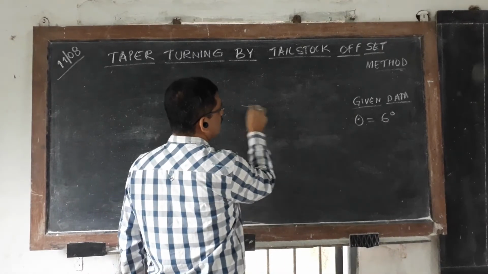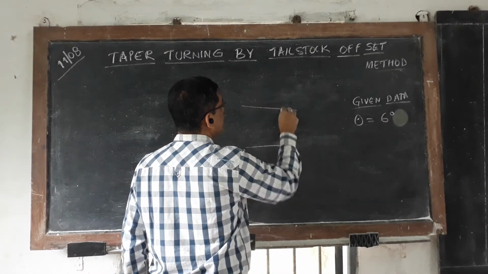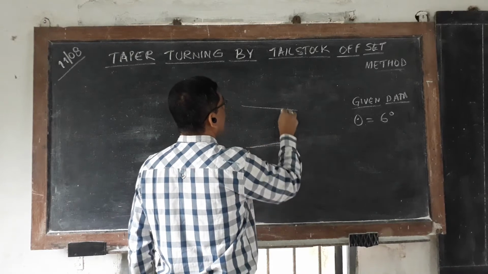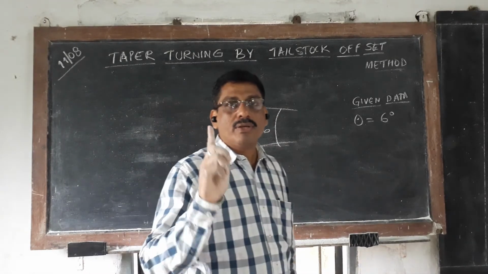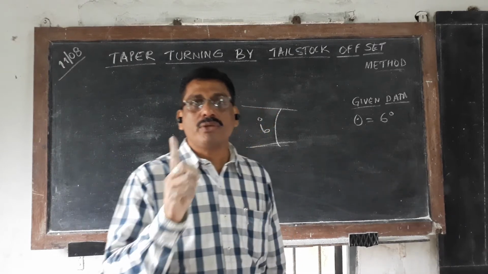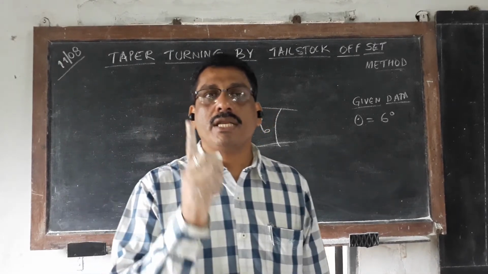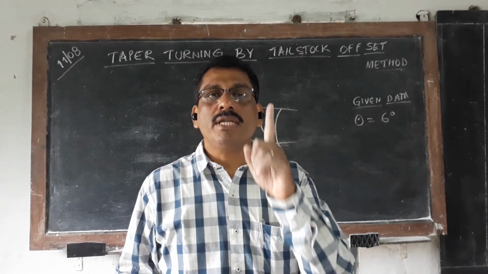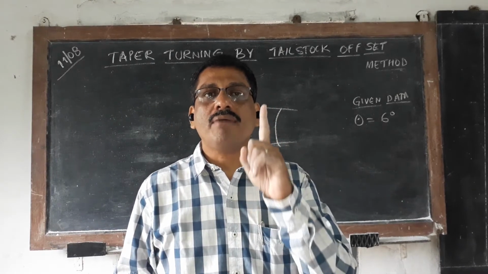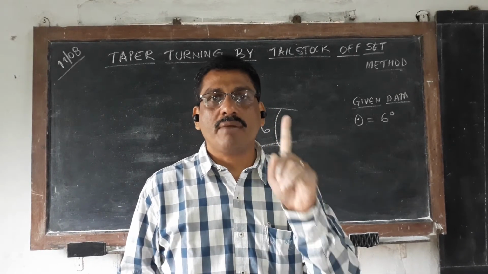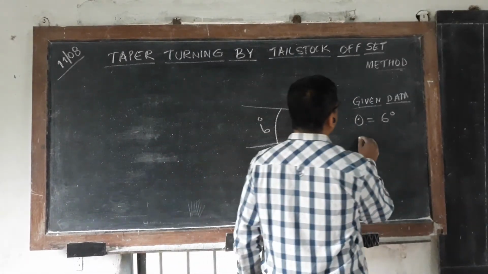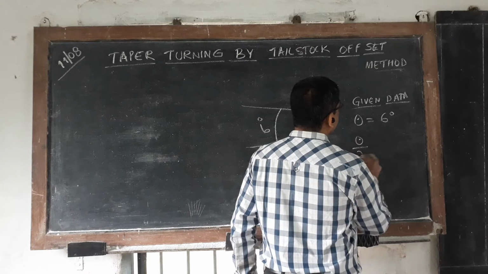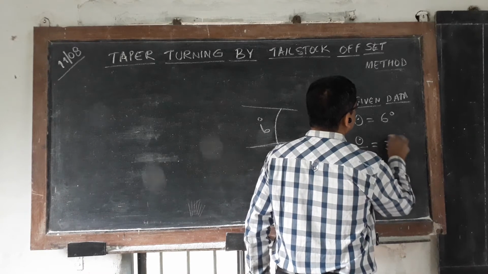But because we are going to shift the tailstock to only one side, we take half of the angle, not the full. So it is always theta by 2, so it becomes 3 degree.